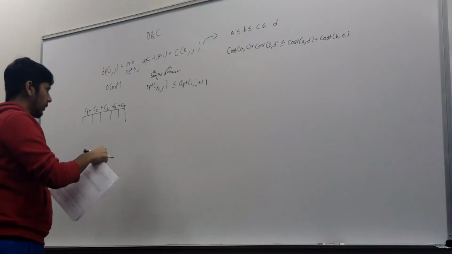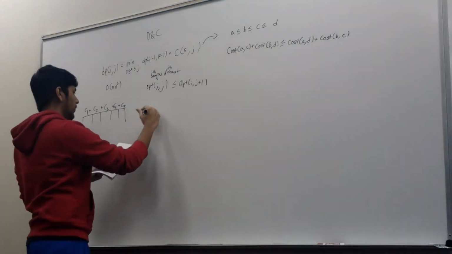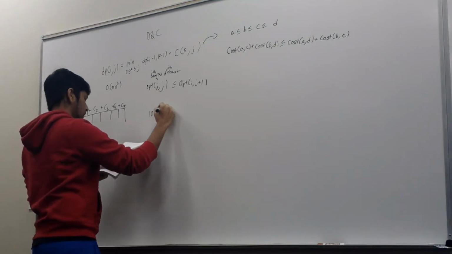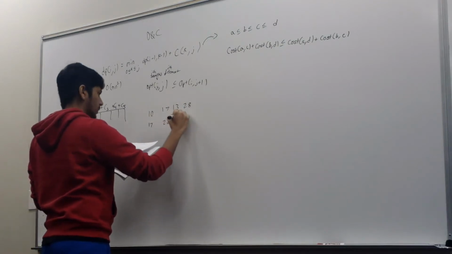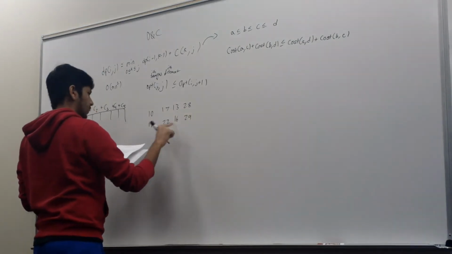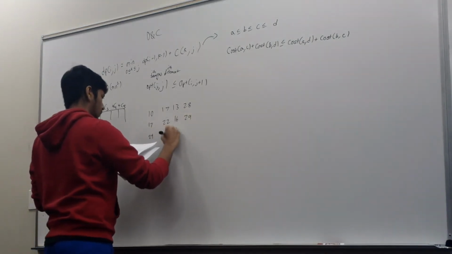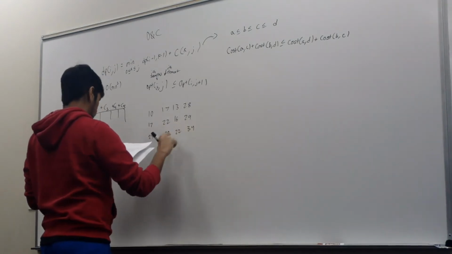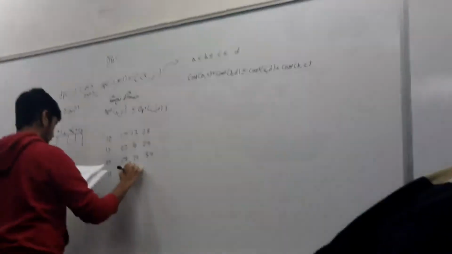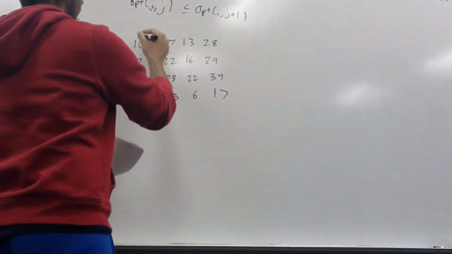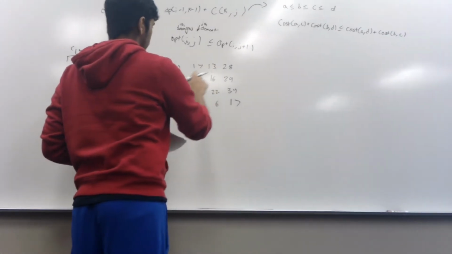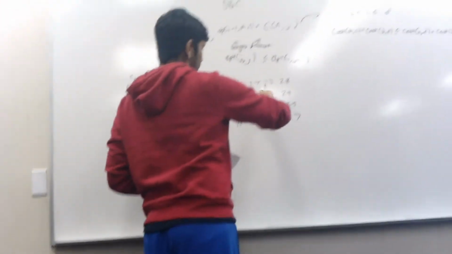So I'm going to draw one out really quick. If we have the matrix like 10, 17, 13, 28, it turns out that a Monge matrix is special because if you pick any submatrix and take the corners, like this submatrix with 10, 24, 22, and 13, the sum of this diagonal will always be less than or equal to the sum of this diagonal.